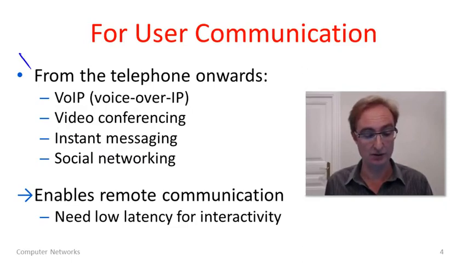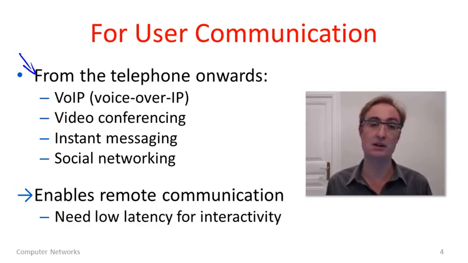One of the first uses that might come to mind is simply for communication between users. This is a traditional usage of computer networks really from the get-go, and really from the telephone onwards. You might think of using voice over IP, sending telephone calls over the network. These days we video conference as well as instant message and connect people via social networks, but it's all about user communication.